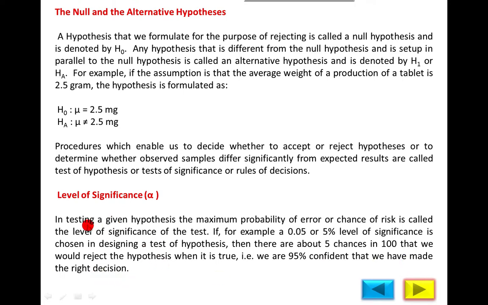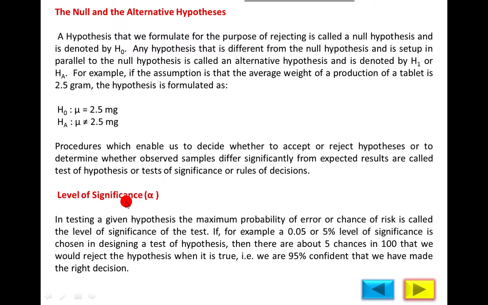So in testing of hypothesis, it depends on the field of the data. In the field of medical sciences, we take 5% or 1% level of significance. In the field of economics, we choose 10% level of significance.